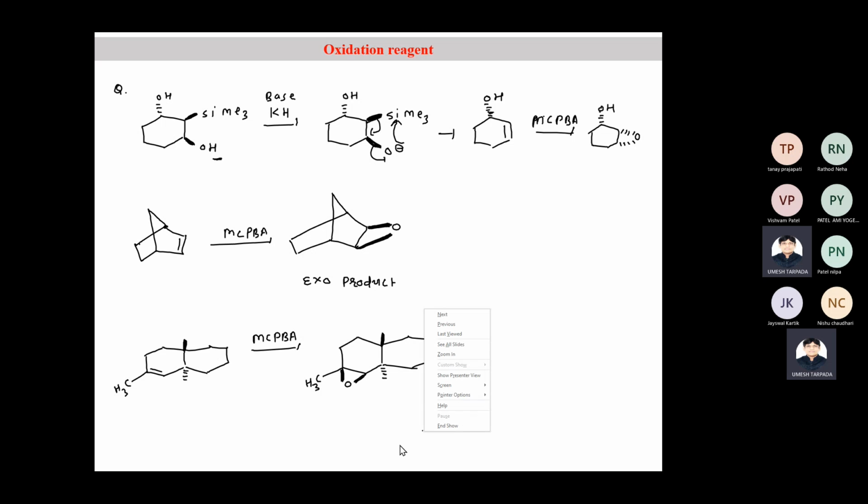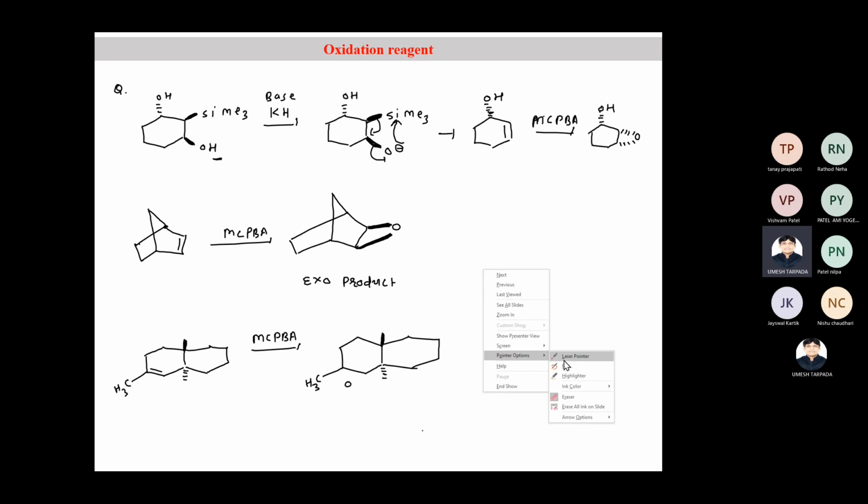Sorry, it takes place close to the neighboring group. Opposite to this group, because of 1,3-diaxial type interaction.